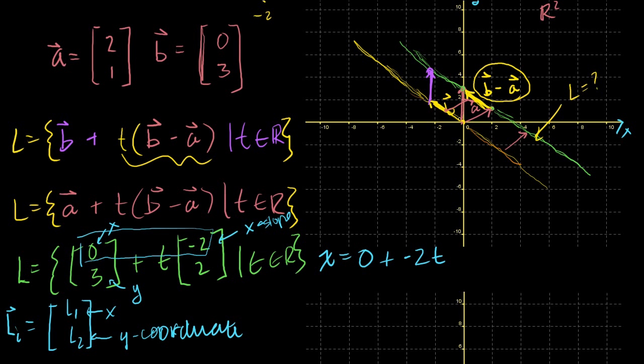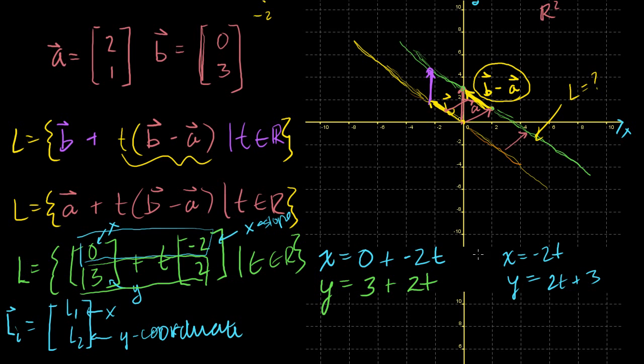And then y, since this is what determines our y coordinate, is equal to 3 plus t times 2, which is 2t plus 3. So we could have rewritten that first equation as x is equal to minus 2t, and y is equal to 2t plus 3. If you watch the videos on parametric equations, this is just a traditional parametric definition of this line right there.